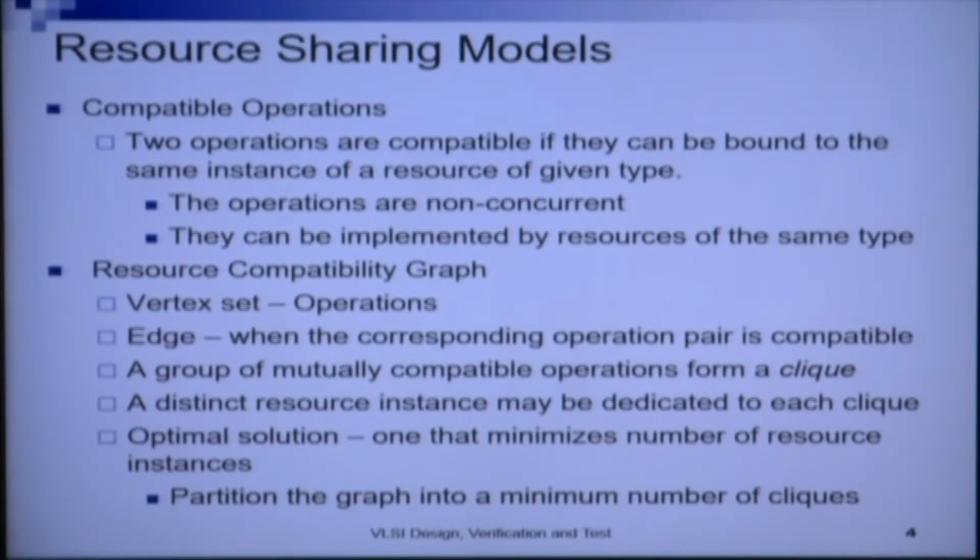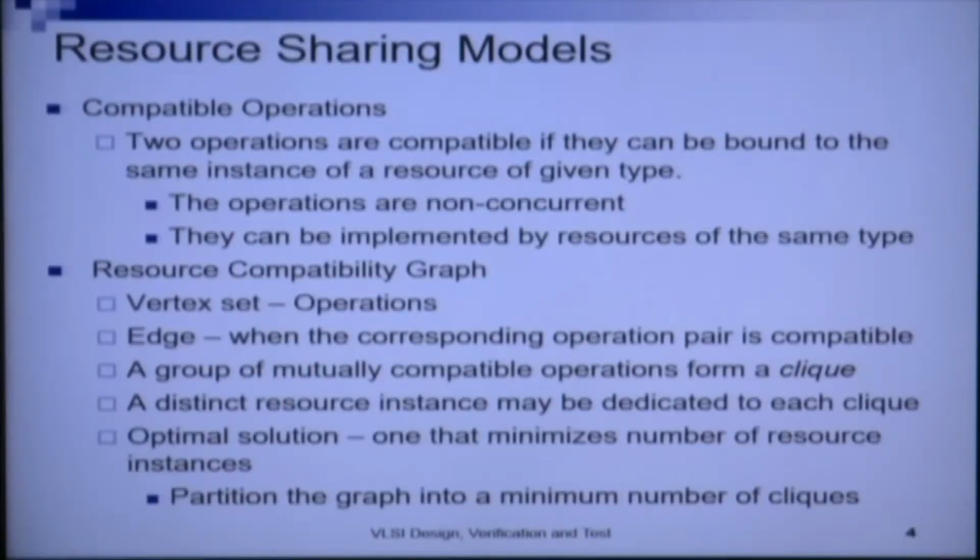For each clique I must dedicate a single resource instance, and if we can minimize the total number of cliques, I will be able to minimize the total number of resource instances required. So, partition the graph into a minimum number of cliques, and obtaining this minimum number of cliques is to obtain the clique cover number. So, the clique cover number of a graph is this minimum number of cliques into which the graph can be partitioned.